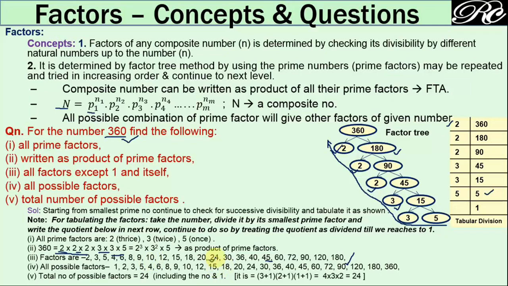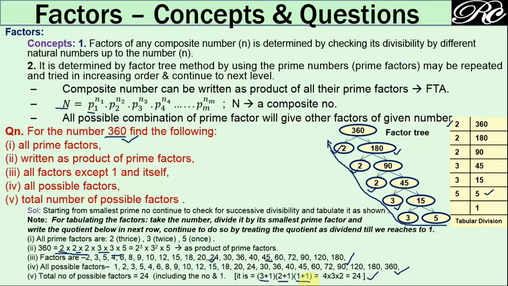So there are a total of 24 factors, but writing all these possible factors and then counting them is quite difficult. So there is a shortcut method. The total number of possible factors can be obtained by increasing the exponent of each prime factor by 1, then multiplying them together.